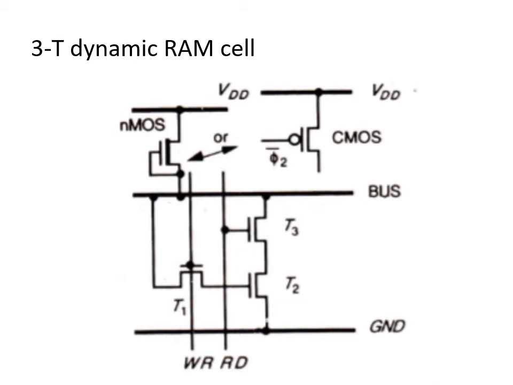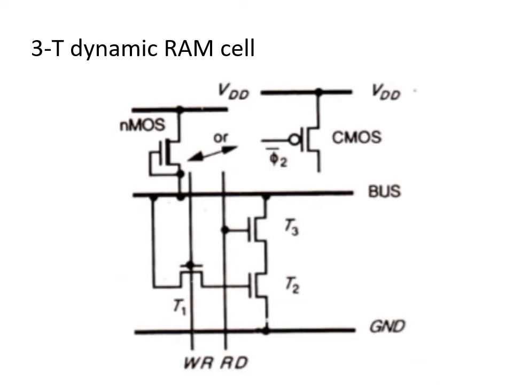Now let me consider the other case. Suppose 0 was stored previously, T2 is in off state, that is non-conducting state. T3 is in conducting state. And because of the arrangement of the pull-up transistor here, the output available in the bus is logic 1.